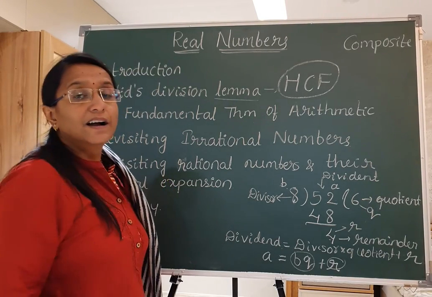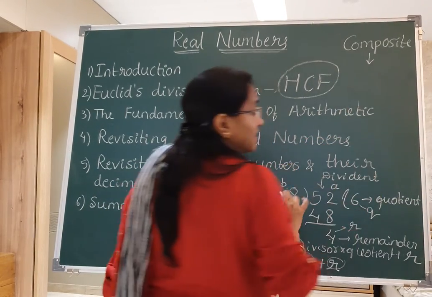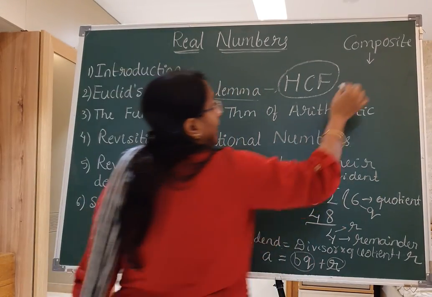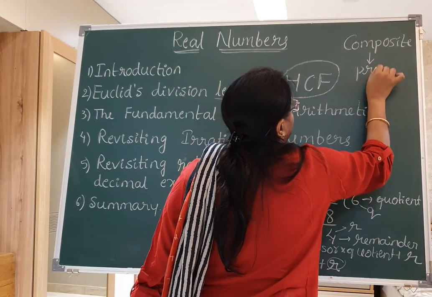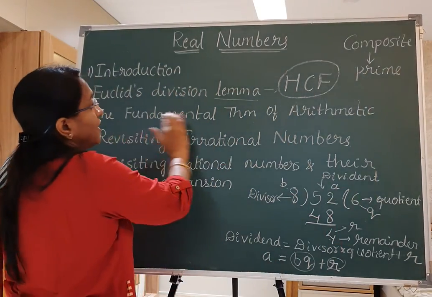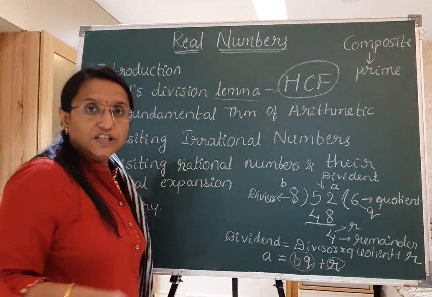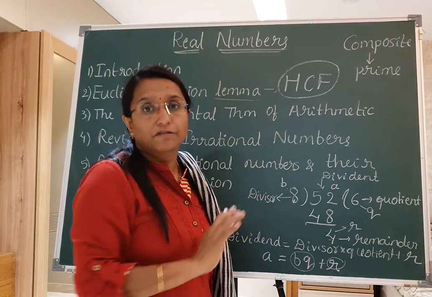If you find the factors of these composite numbers, then definitely they will be prime factors. So this fundamental theorem of arithmetic is associated with composite numbers and their prime factors.